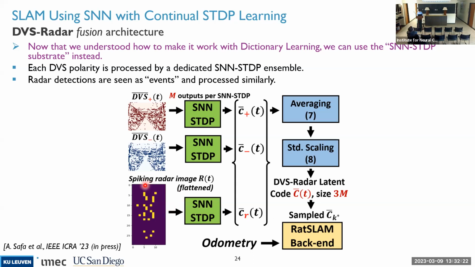The radar detections are binary: either you detect something, or you don't. So we can simply see the detection map as a map of spikes, by considering each detection as a spike and each frame as the succession of the spikes in time.